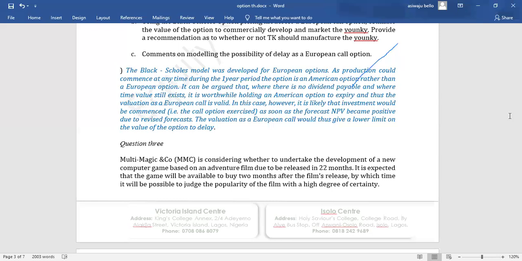If you recall, American options are option contracts that can be exercised at any time from the commencement of the contract up to the maturity of the contract.